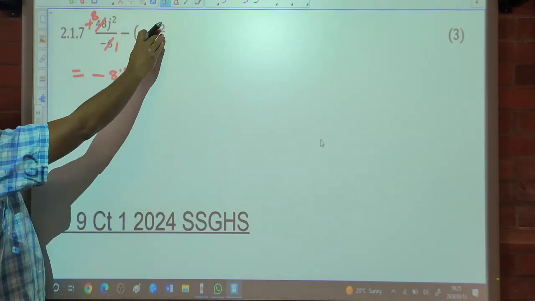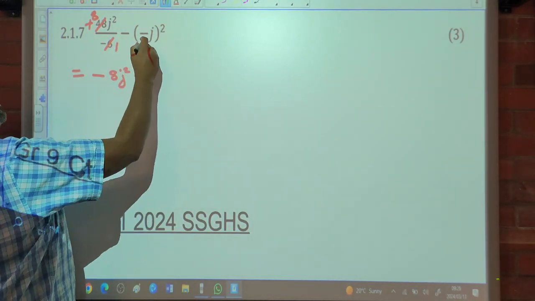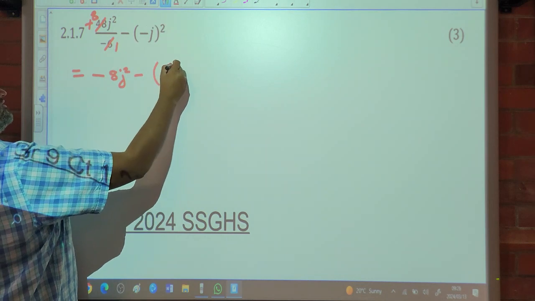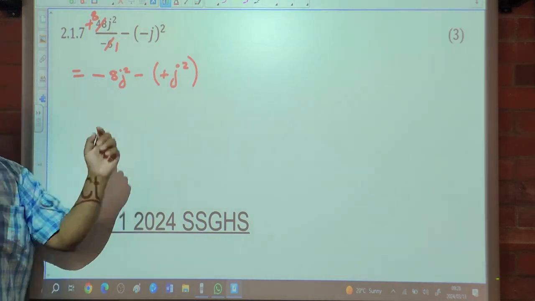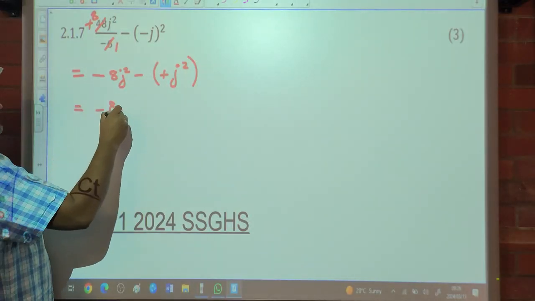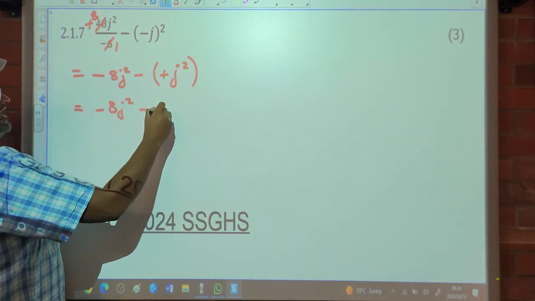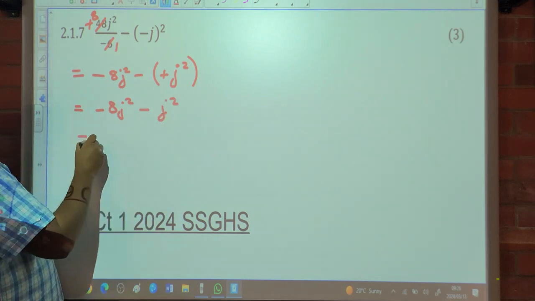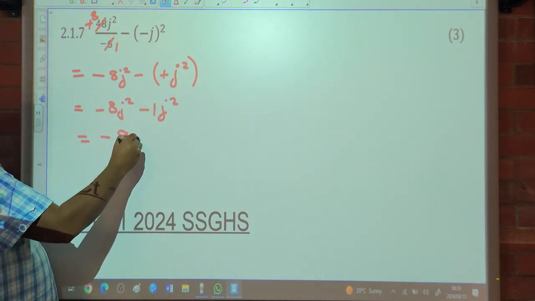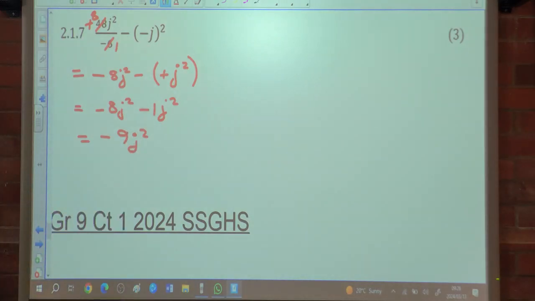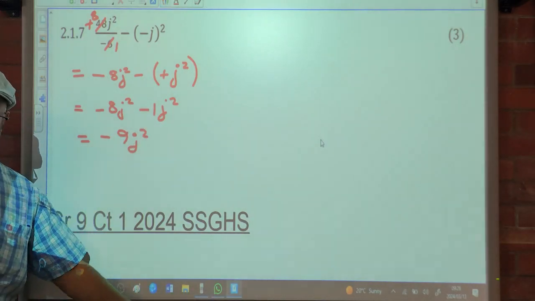Now, that square must be applied first. It's negative into negative squared, positive, J squared. What's positive times negative? Negative. So it's negative 8 J squared minus J squared. They are like terms, not so? So minus 8 minus 1 is negative 9 J squared. Okay.